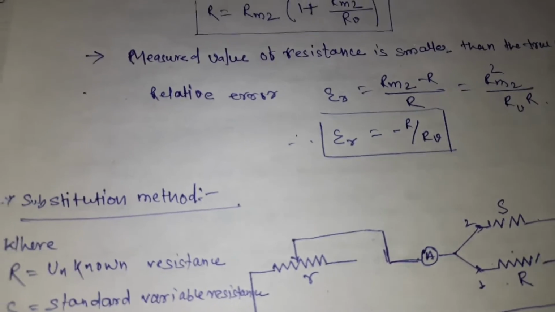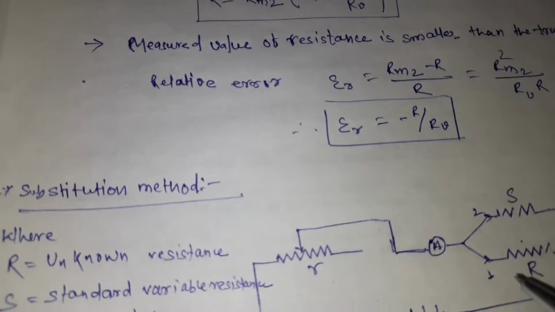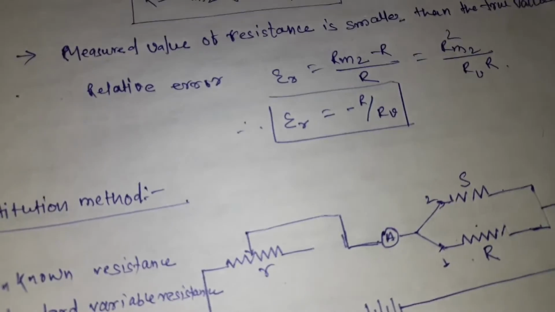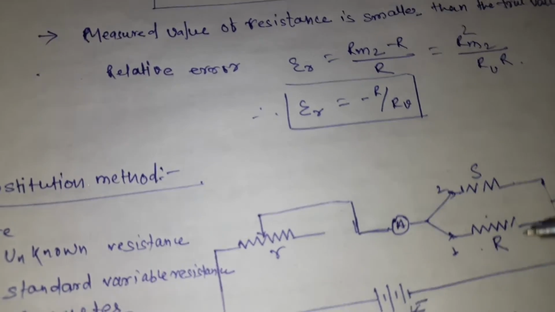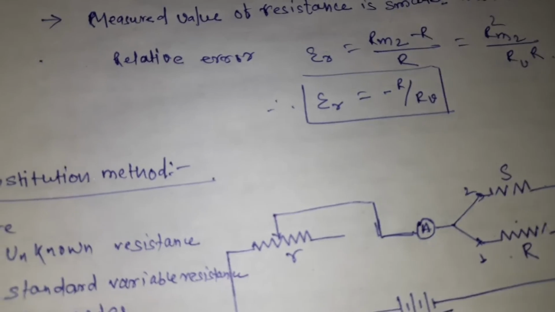Suppose when the switch is in position 1 the ammeter reads 10 ampere, and by adjusting the standard resistance we get the same current. That means the value of R becomes the value of S.